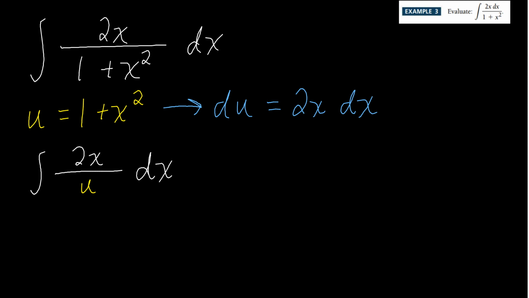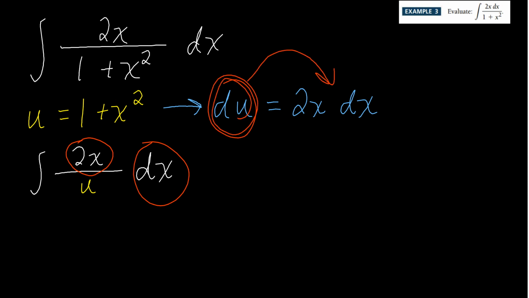Looking at this, after I made my u sub, what do I see here that I need to take out that has the variable x in it? Well, I have a 2x and I have a dx. So I need to make that substitution. Well, it just so happens that du is equal to 2x dx.